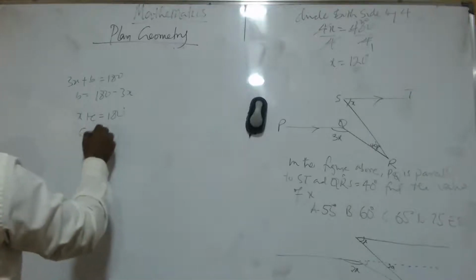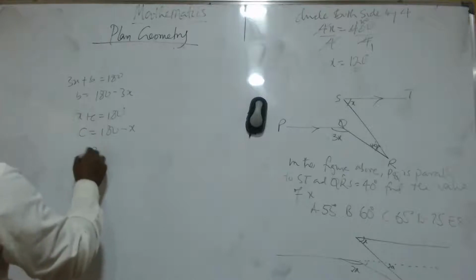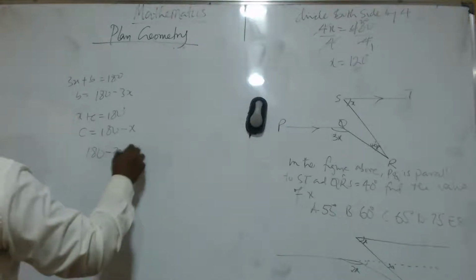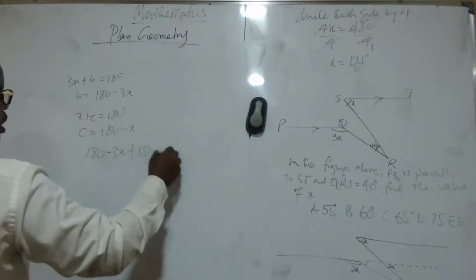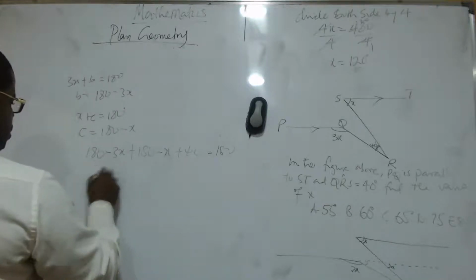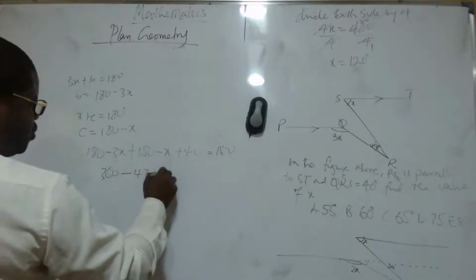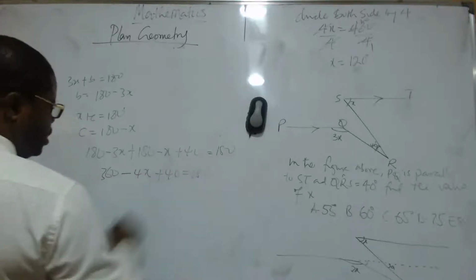So c now equals 180 minus x. So we're going to have 180 minus 3x plus 180 minus x. So you have 360 minus 4x plus 40 equals 180.